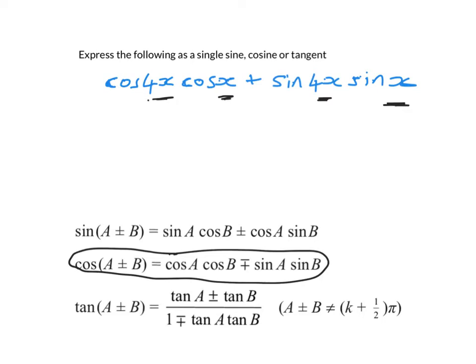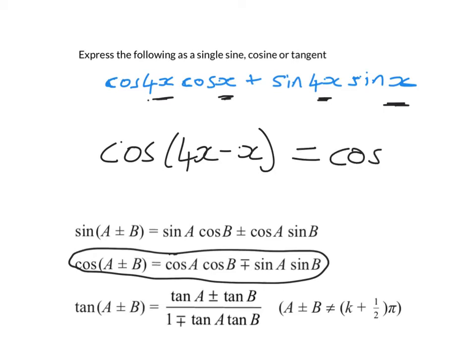If we add, it's taking away the angle. So it's going to be cos of 4x minus x, which is cos of 3x.